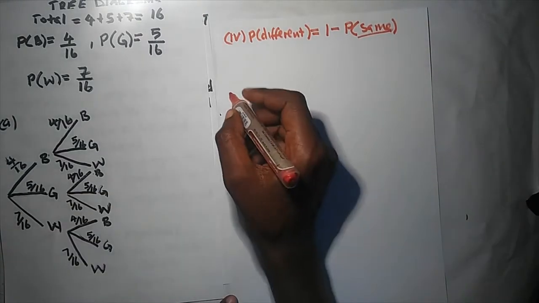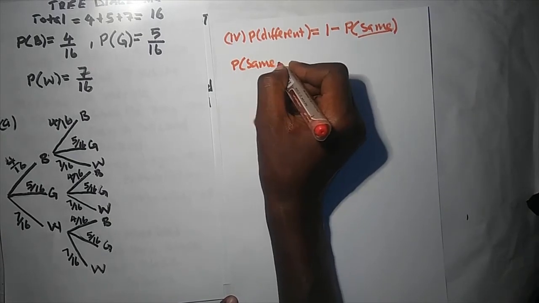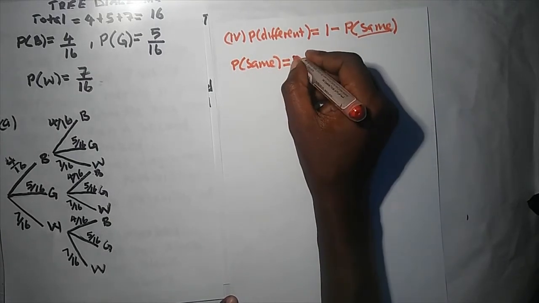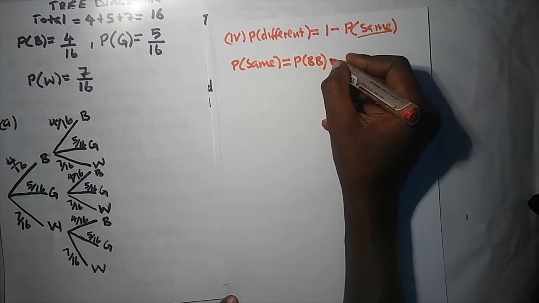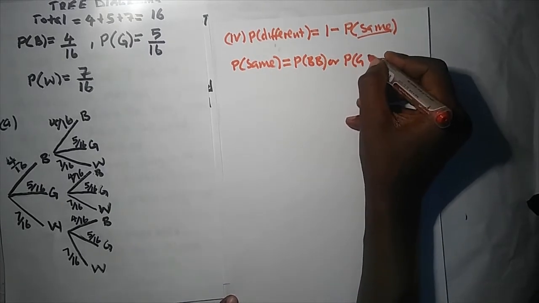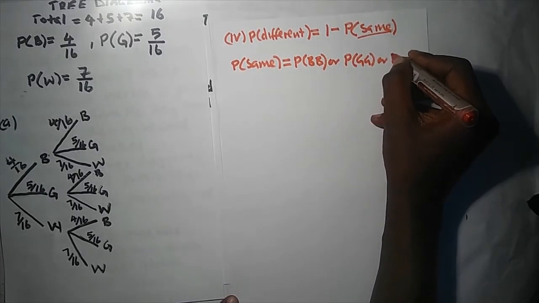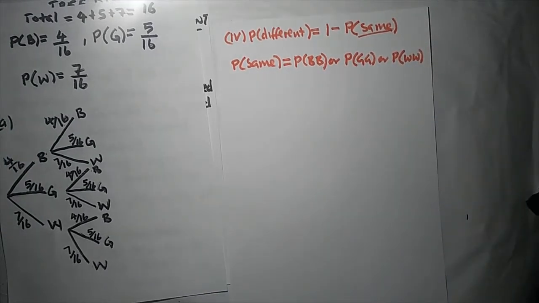And so here we are going to have probability of same colors is equal to probability of black, or probability of green, or probability of white. Okay, so remember one thing, the word or means addition. It means we have to add.